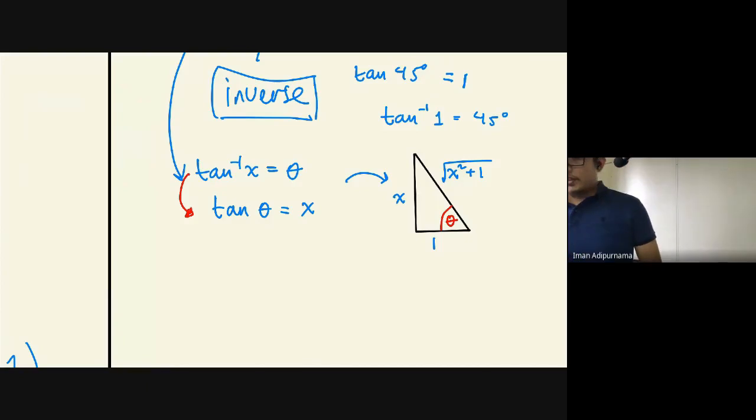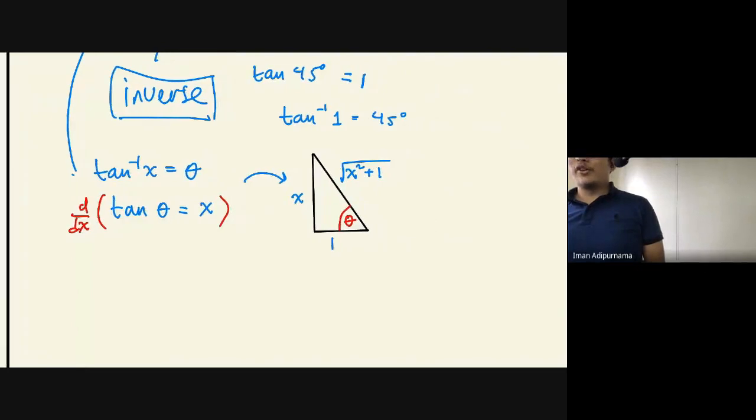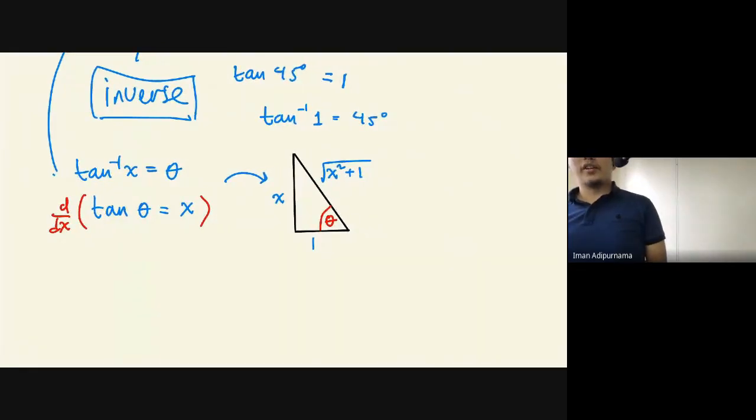Let's derive all this. The derivative of tangent theta is secant squared, right? If you forget, you can also derive that on your own. Sometimes we can forget, especially in the exam.